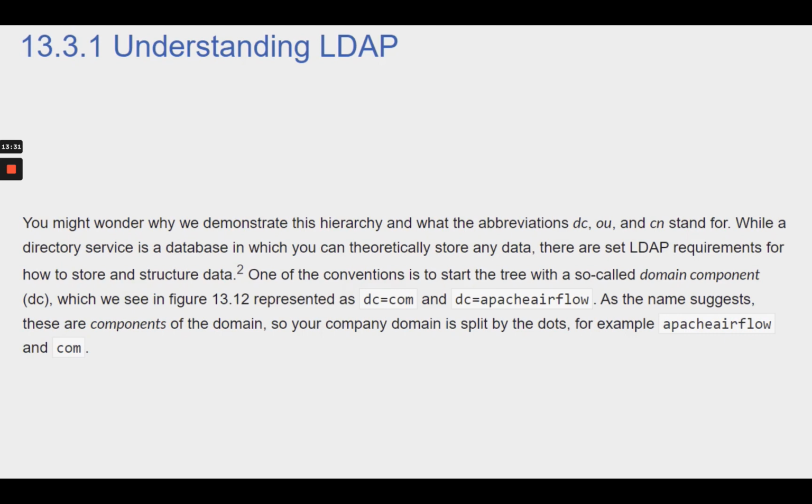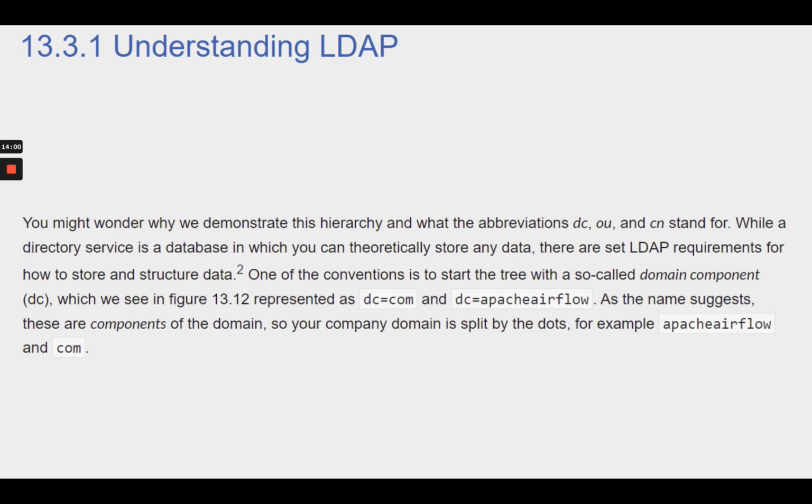You might wonder why we demonstrate this hierarchy and what the abbreviations DC, OU, and CN stand for. While a directory service is a database in which you can theoretically store any data, there are set LDAP requirements for how to store and structure data. One of the conventions is to start the tree with a so-called domain component, DC, which we see in figure 13.12, represented as DC=com and DC=apacheairflow.